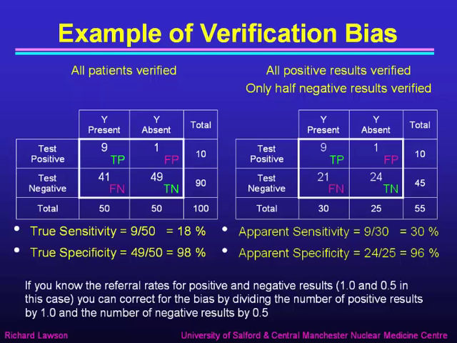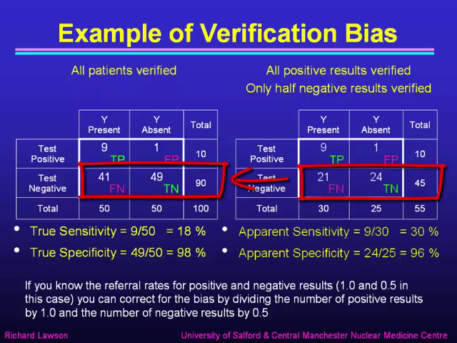If we know those numbers, we can correct for referral bias by dividing the numbers of positive results by 1, so that is all the numbers in the top row of our apparent table are divided by 1, which means they don't change, and all the numbers in the negative result, that is the second row of our apparent results, are divided by 0.5, which means they're doubled.